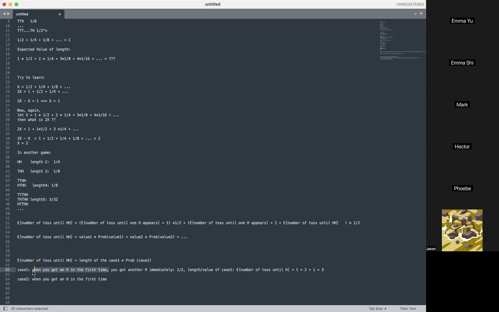So this doesn't mean that you get an H and do something else. It means that getting an H the first time doesn't restrict the number of tosses you make. You can make 2 tosses and get an H the first time, and this has a probability, right? This is TTH, which has probability 1/8.